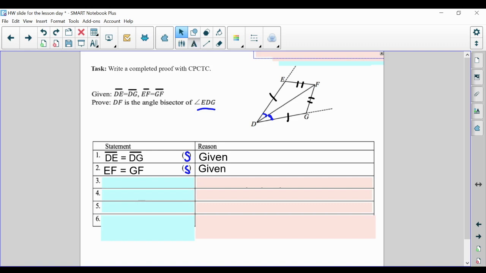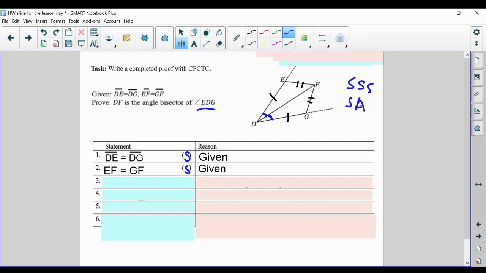So now we have only side, side, side and side, angle, side left over. So let's see, can we find one angle that is congruent? Some people say these two angles are congruent? No, we have to prove those two angles are congruent. So looking at the picture, what else can we find congruent?